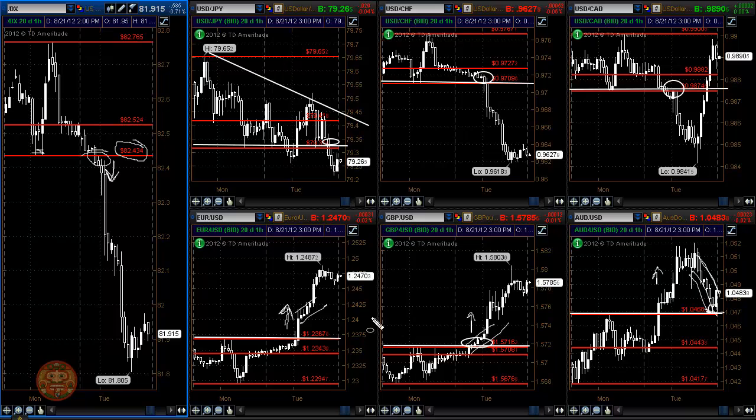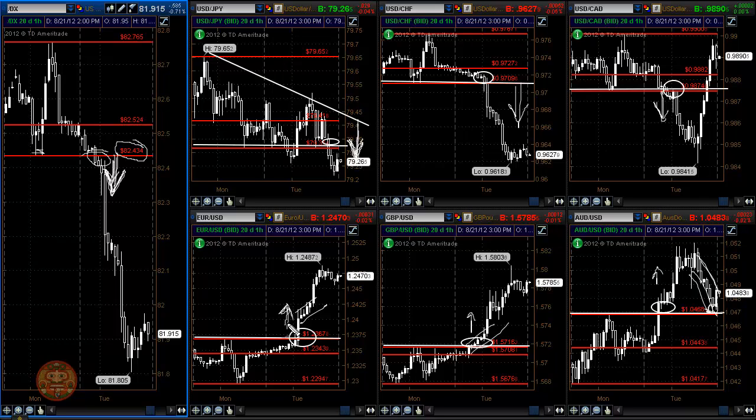This is one of my favorite types of trading environments, where you have picture-perfect alignment. You've got the dollar index moving down in this particular case, and then you have the yen, which hasn't been happening lately, pushing down in the same direction, and the Australian dollar and Canadian dollar pushing down as well.